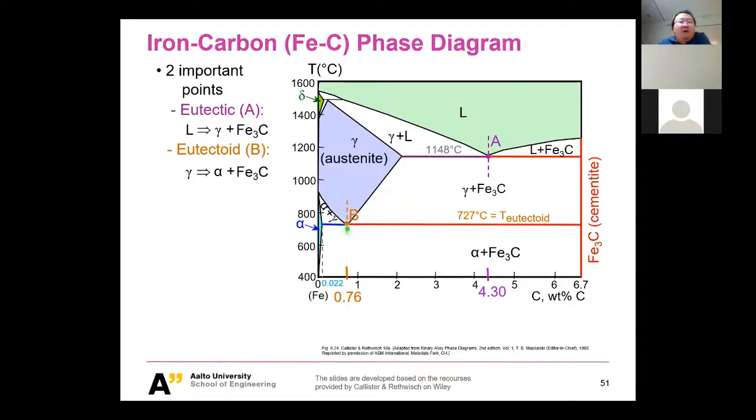And for the eutectoid, of course, when you cool it down from gamma, which is the austenite, it will become alpha plus cementite. So it's right here. I was looking for it. It's right here. So that is the so-called eutectoid reaction.